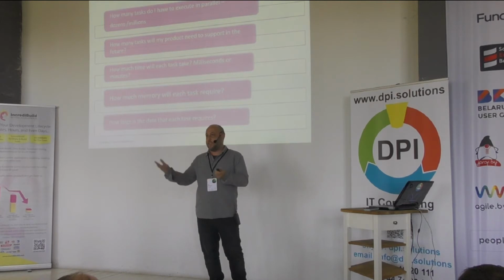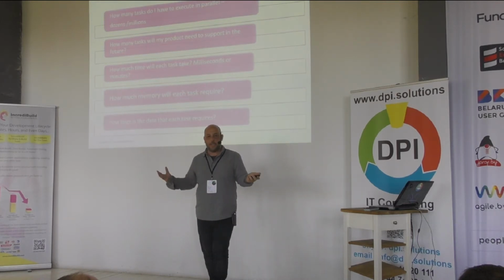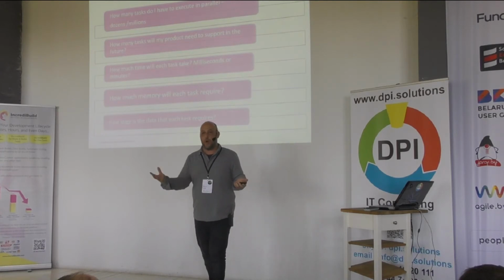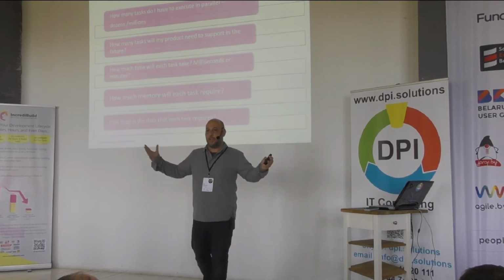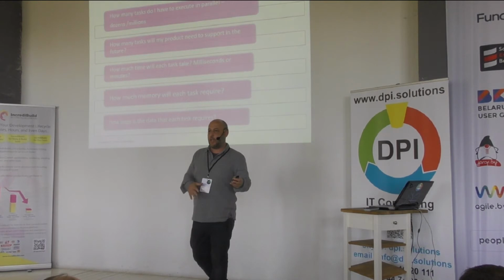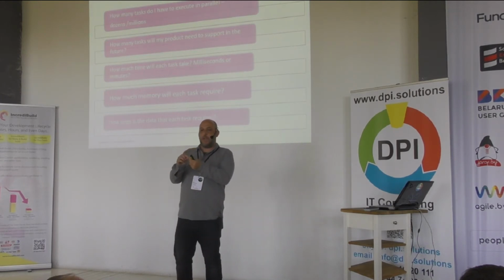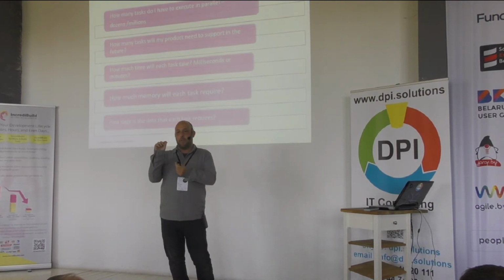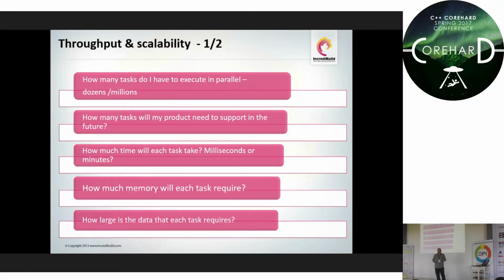What's the initialization time versus the calculation time? How large is the data that each task will require? If it's a large data set that all the tasks share, this is a very different scenario than if every task requires just a very small amount of data, for example, in password cracking. So you just need to have a small parameter and you do a lot of calculation.